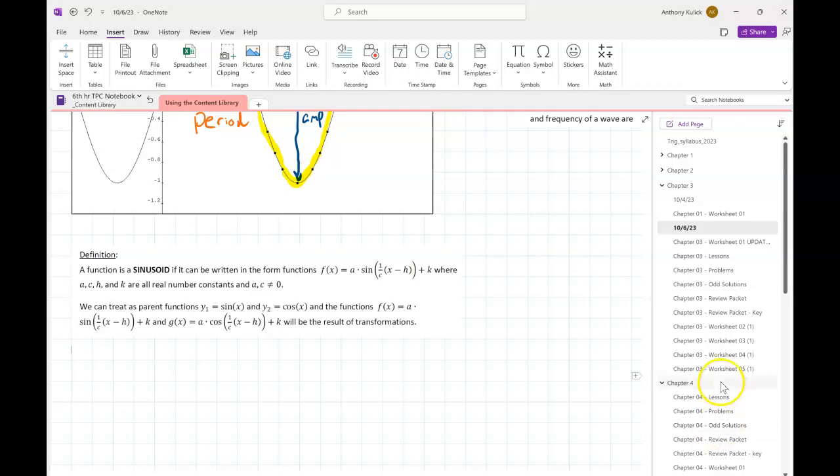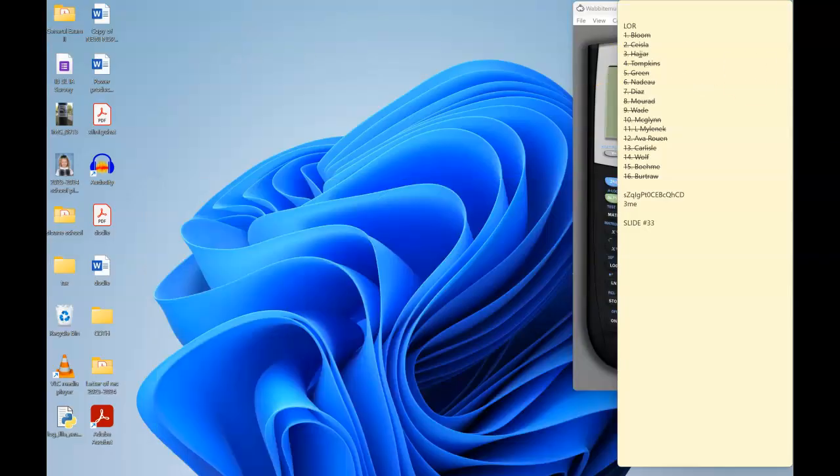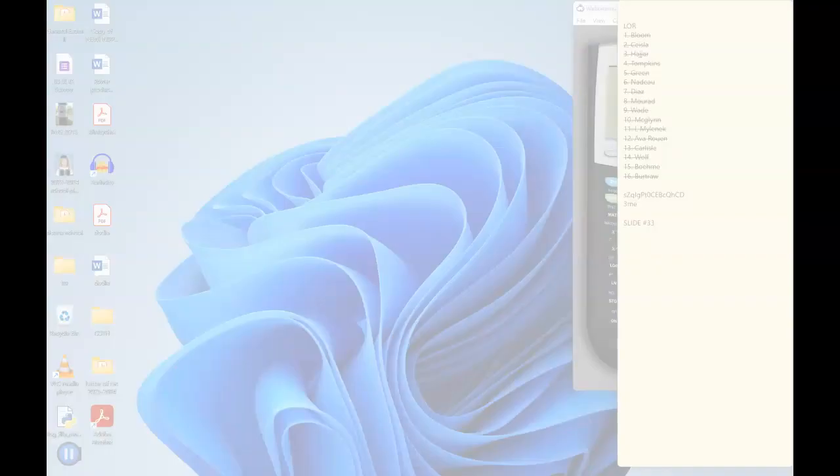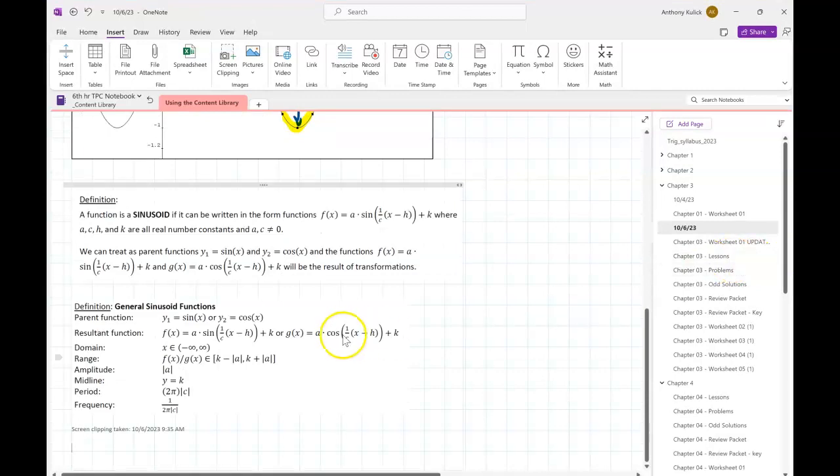And if we do that, for any resultant function, I can compute the domain, range, amplitude, period, midline, and frequency in the following way.